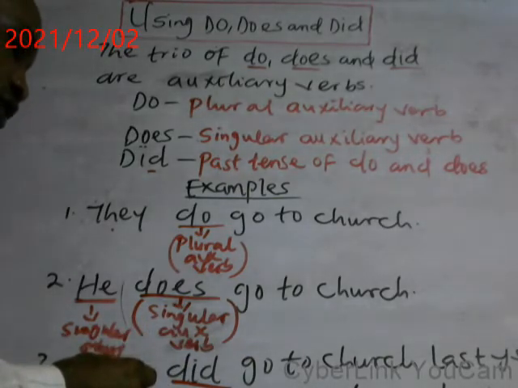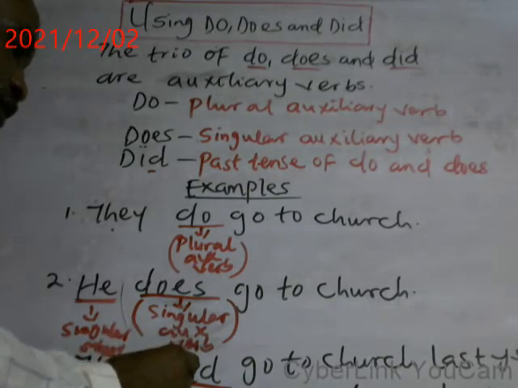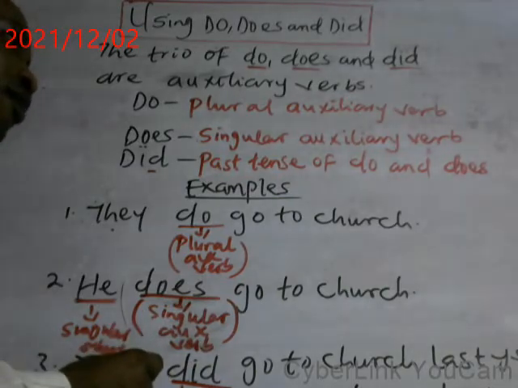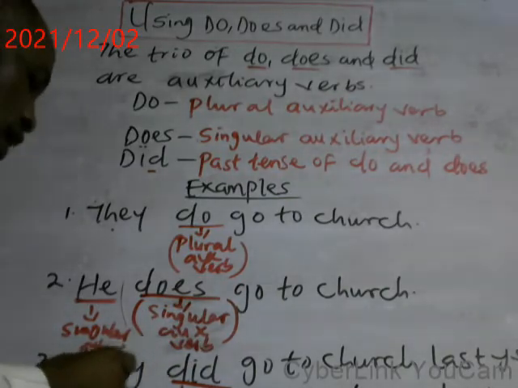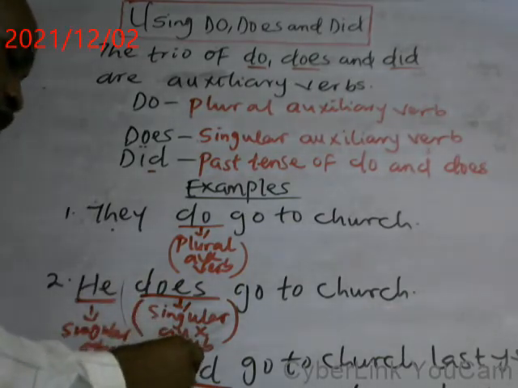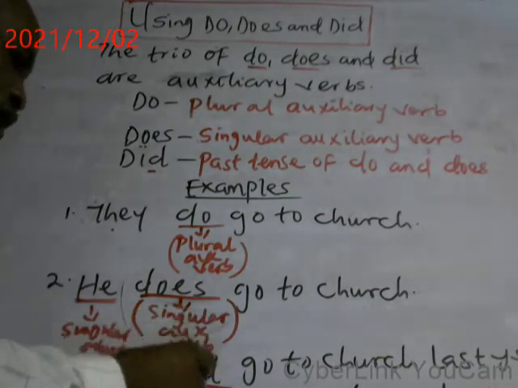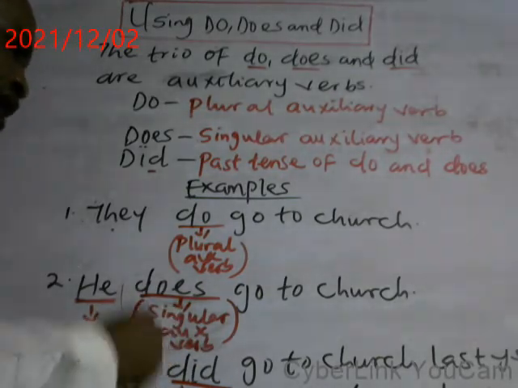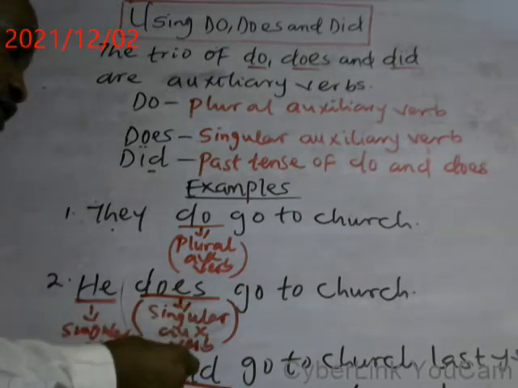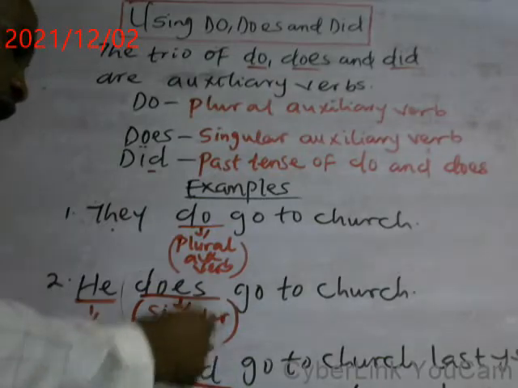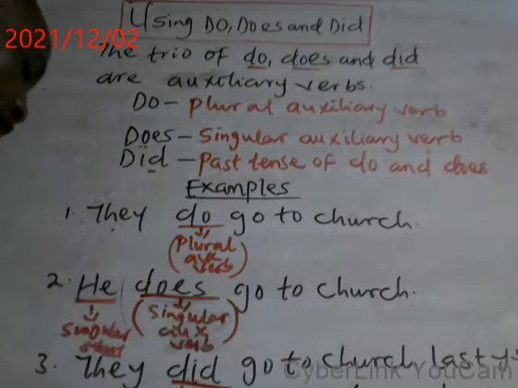So because of this now, I have to use the past tense form of do and does. And according to our previous explanation, what is the past tense of do and does? It is what? Did. So even when my subject is plural subject, in as much as the action is in past tense, I still have to use did. And that was why I used did in this sentence.